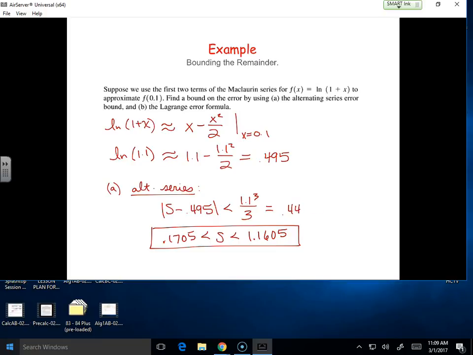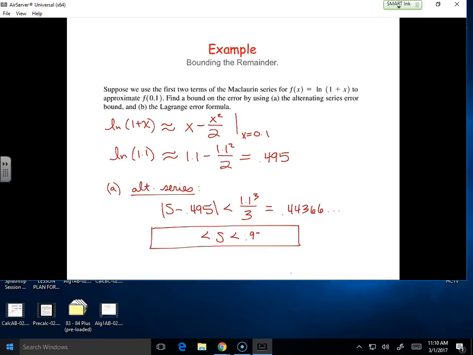0.443666667. And then it's going to be 0.93866.